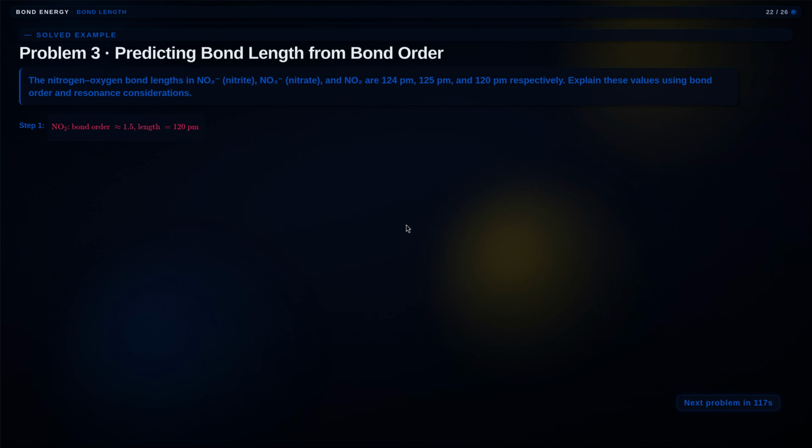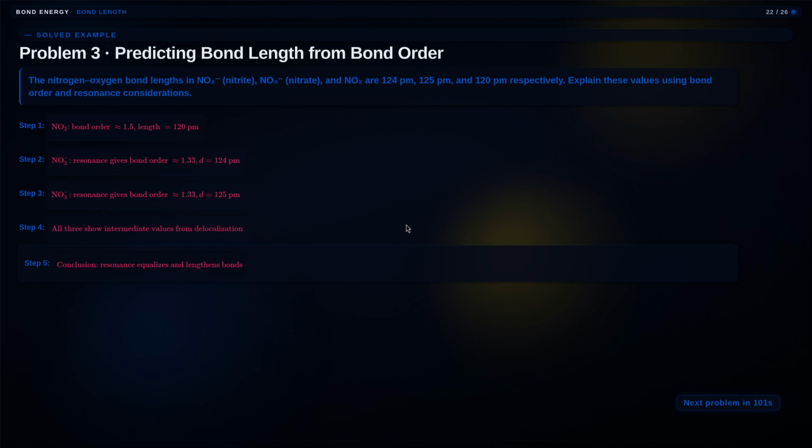Problem 3. Predicting bond length from bond order. The nitrogen-oxygen bond lengths in nitrite, nitrate, and nitrogen dioxide are different. We need to explain these values using bond order and resonance. First, nitrogen dioxide has a bond order of approximately 1.5 and a bond length of 120 picometers.